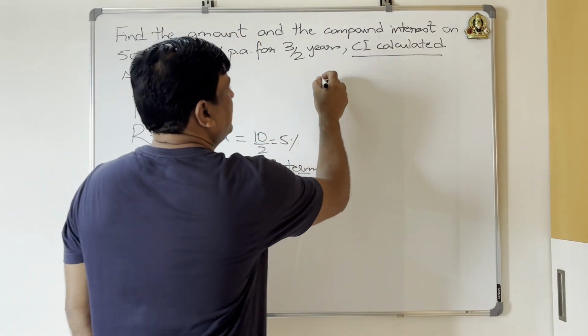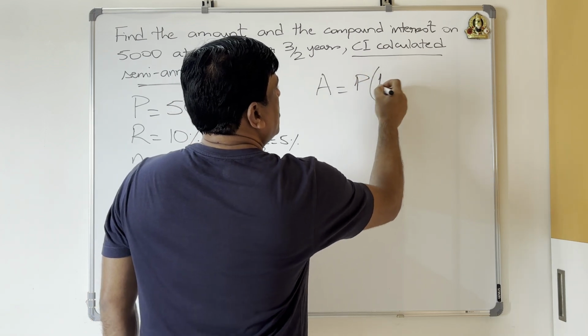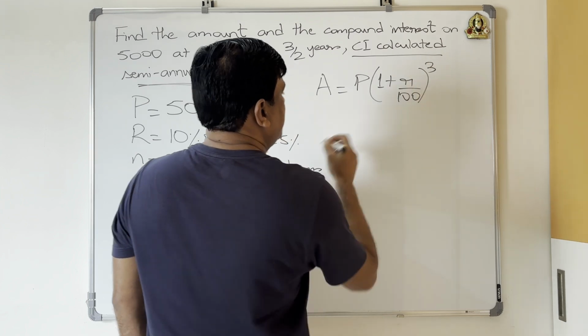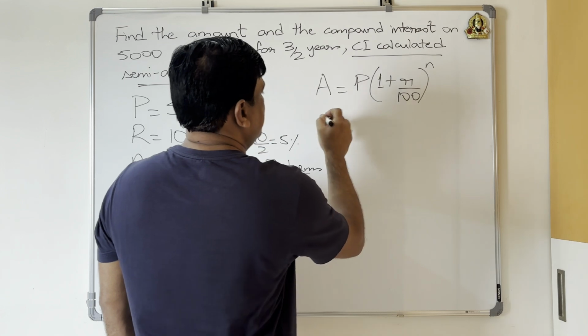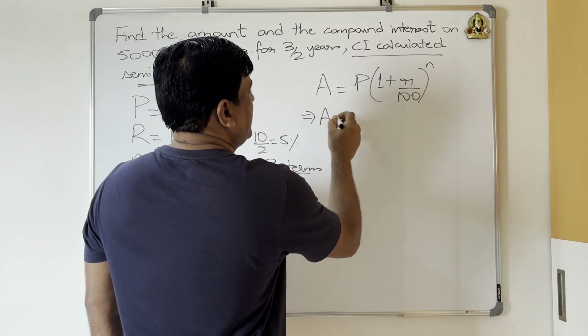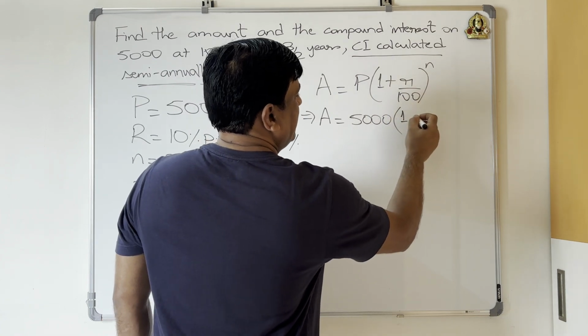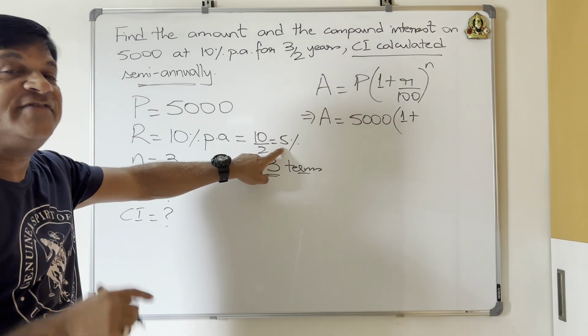First and foremost, A is equal to P times 1 plus R by 100 to the power n. So your A will be equal to 5000 multiplied by, what is your rate? We have calculated the rate as 5% semi-annually.